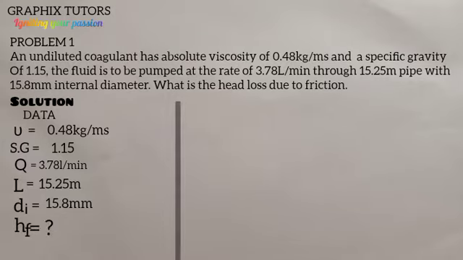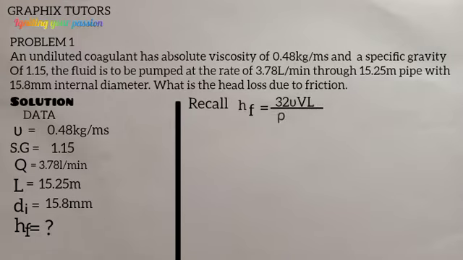Now recall the head loss h_f is given as 32 times viscosity times velocity times length, all over density times gravity times diameter squared. We'll say equation 1.